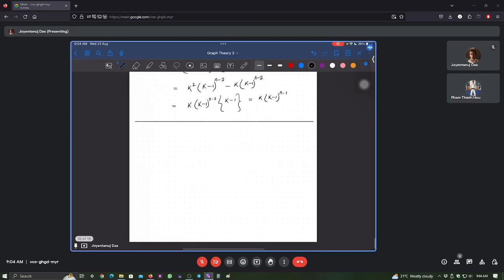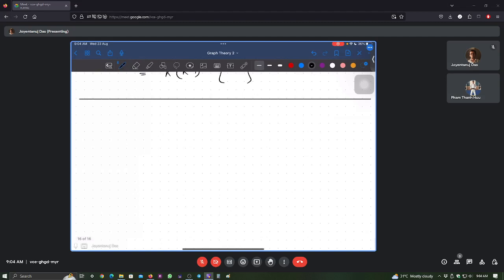So the next one is, prove that k to the power 4 minus 4k cube plus 3k square is not a chromatic polynomial.